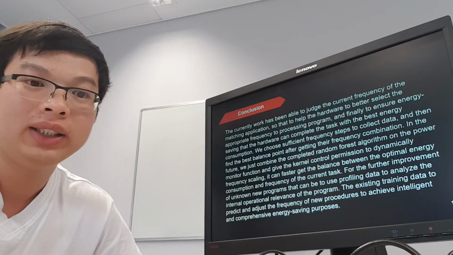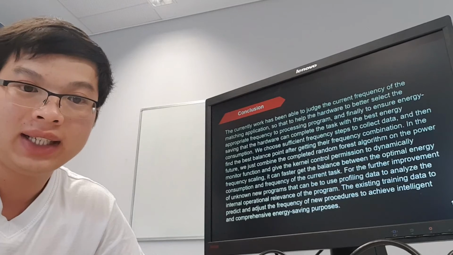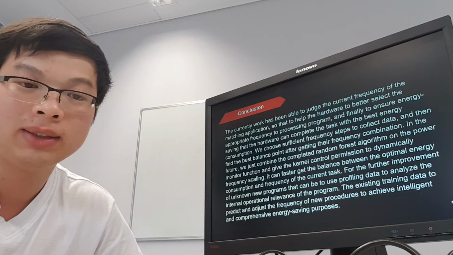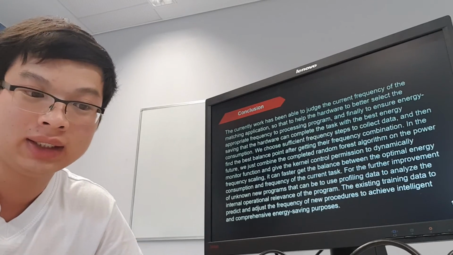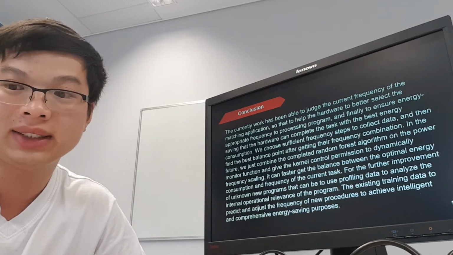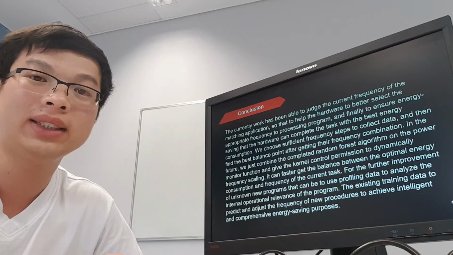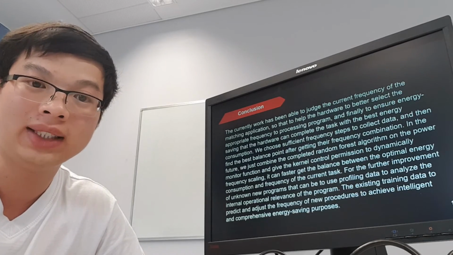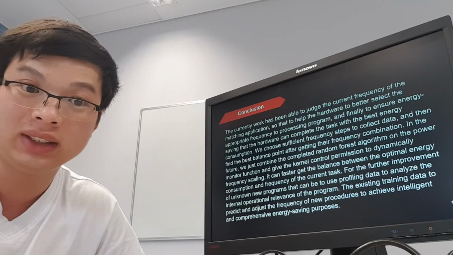Finally, when the classifier gets the T, the 2, this result means the current frequency is good. It's the best option and the best power consumption. So that is the automatic frequency scale, the function is done.